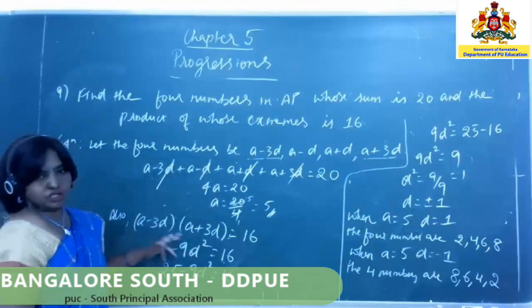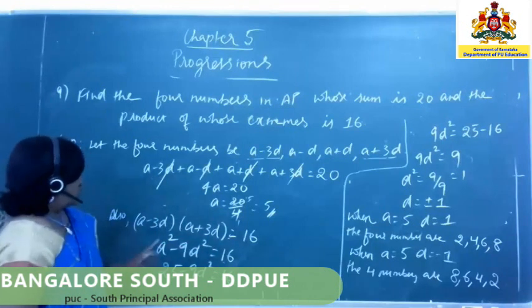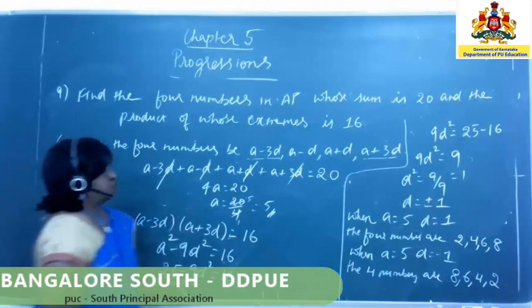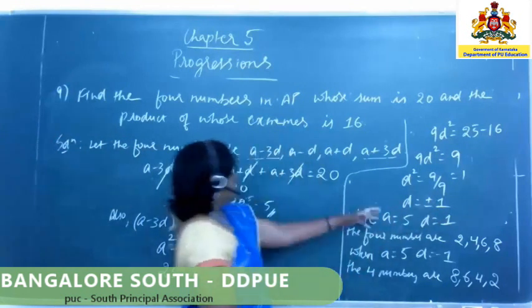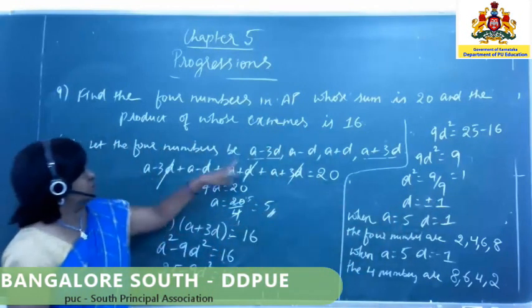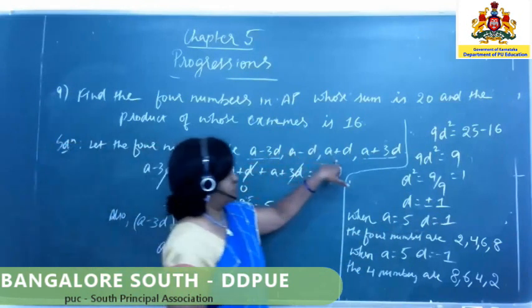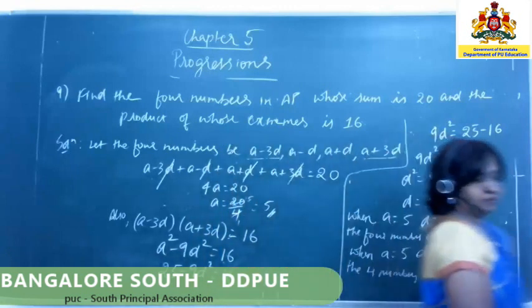So first and the last term, A minus 3D into A plus 3D is equal to 16. So A square minus 9D square is 16. Substitute A value. So I'll be getting D value is equal to plus or minus 1. So finally, you substitute A and D value in the given numbers, that is A minus 3D, A minus D, A plus D, A plus 3D. So make a note.